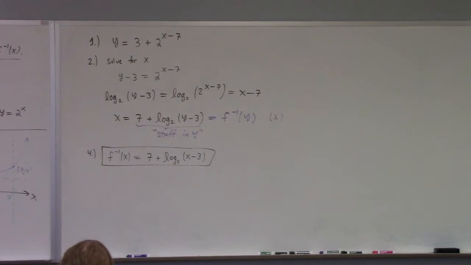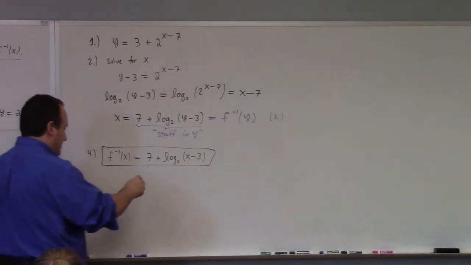What's the graph of the inverse function look like? If I was to foolishly try to add the graph of the inverse function to this picture over here, how does it go? I can try to do it down here.